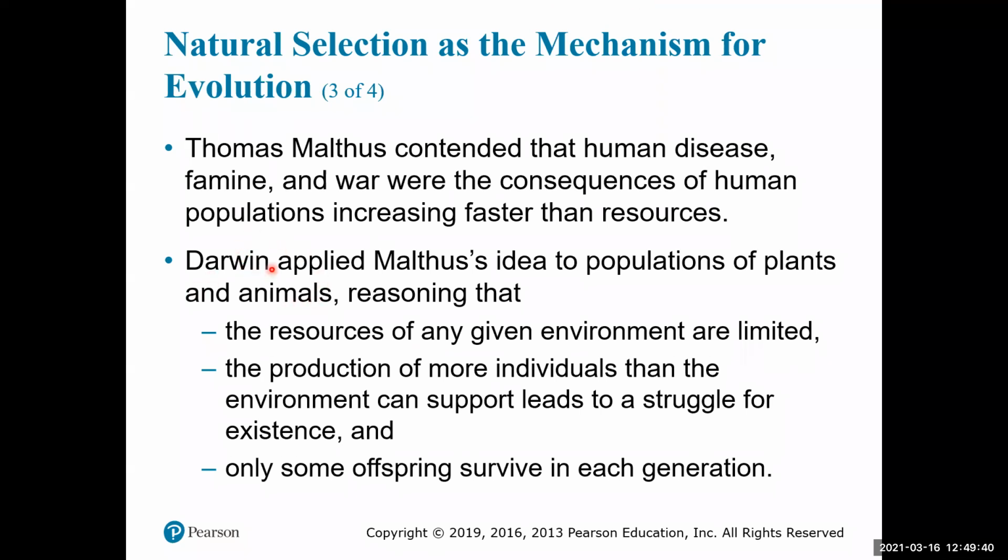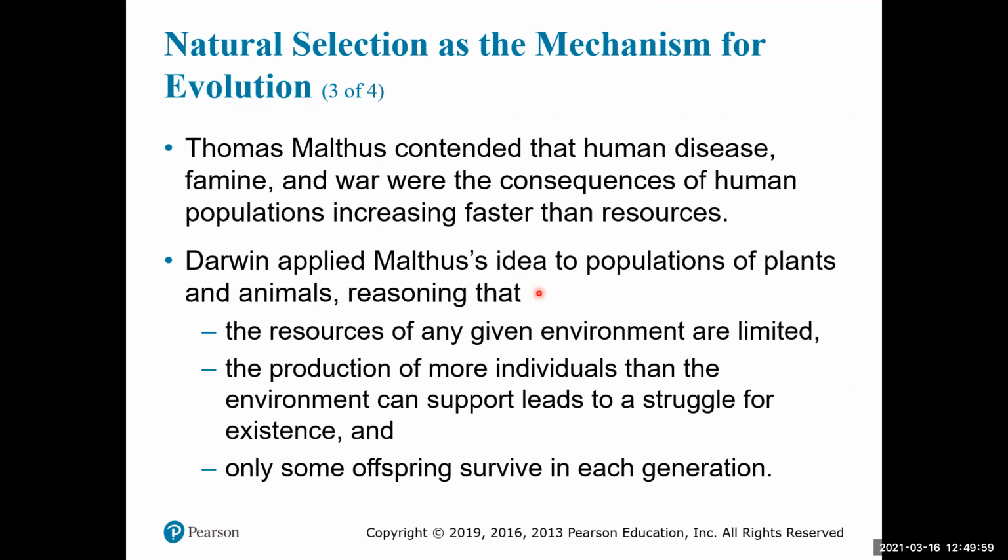So after learning this thought process from Malthus, Darwin applied this same idea to his plants and animals, basically saying that resources in an environment are limited, just like resources for human populations are limited.